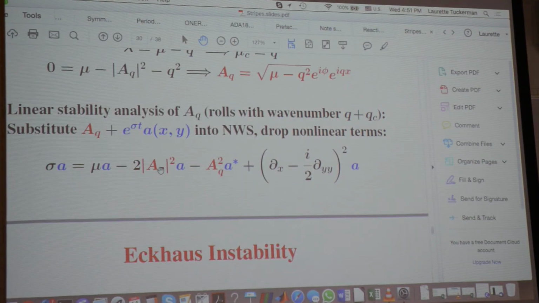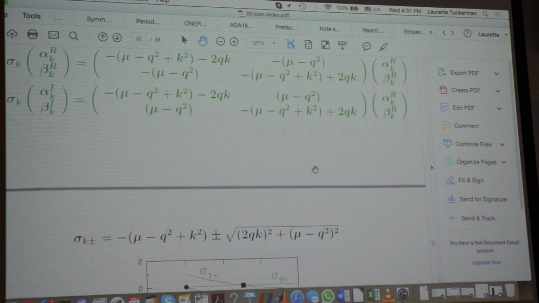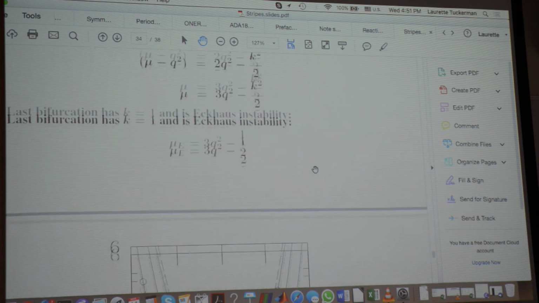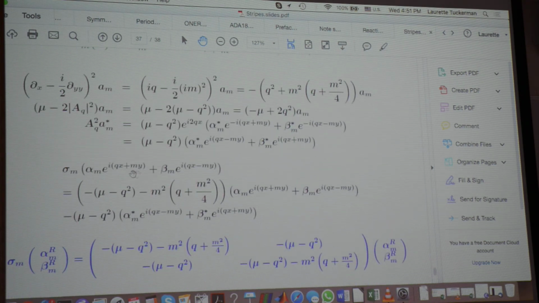This term and this term are not going to flip the alphas and the betas. We're going to have a mu, then a minus 2, this term, and then those derivatives, and that's the d by dt. We have the mu, we have the minus q squared, we have the minus m squared q plus m squared over 4. That stays the same.